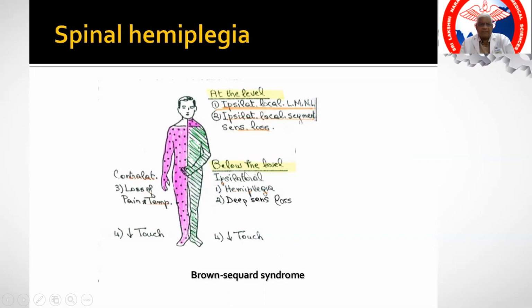Below the level, ipsilateral hemiplegia, deep sensory loss, decreased touch. Contralateral, loss of pain and temperature. Regarding spinal hemiplegia, decreased touch. Here, ipsilateral hemiplegia, and on the other side, loss of pain and temperature and touch.